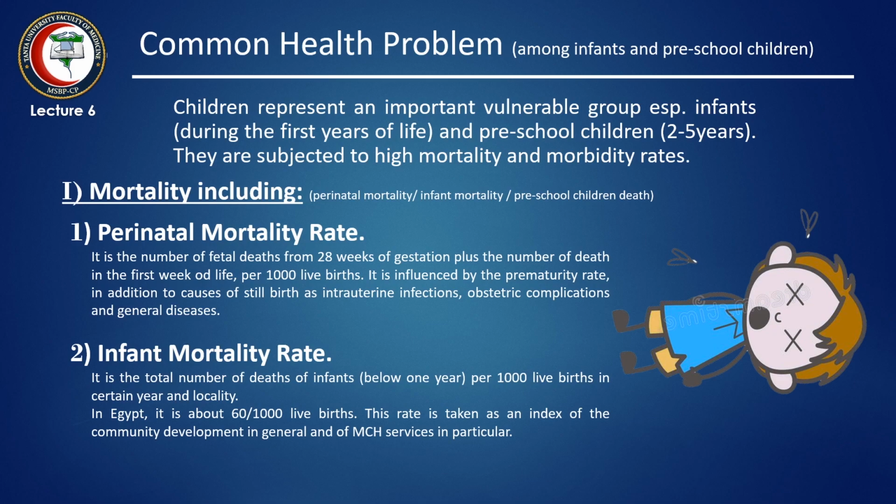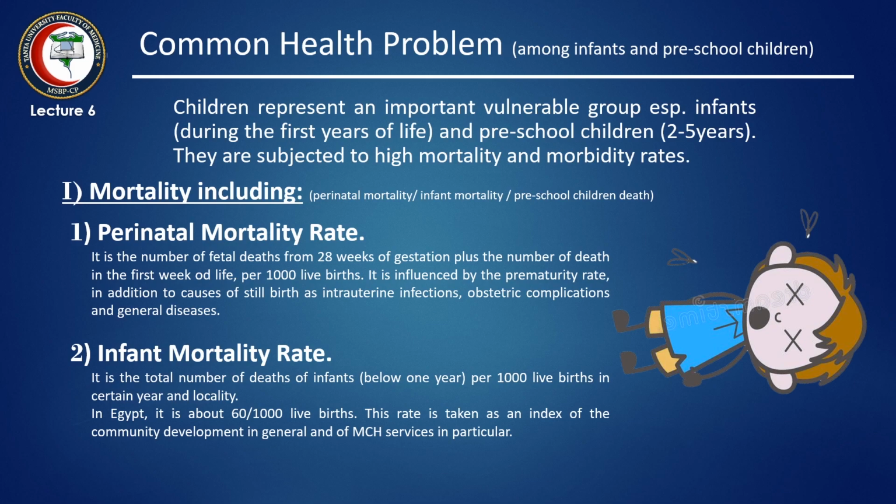I mean, it is the age of the first year of life. And preschool children also, those who aged 2 to 5 years. They are subjected to high mortality and morbidity rates.